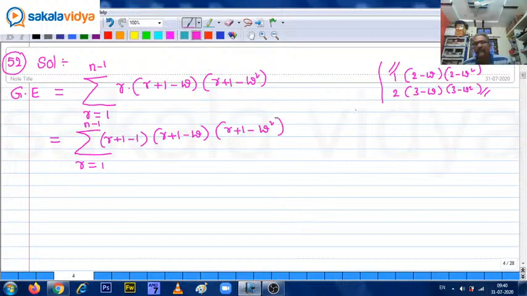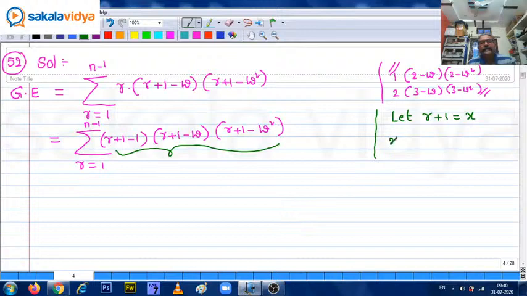Yesterday in class we discussed one beautiful concept; let me explain once again. That result we need to make use of. Let us say r plus 1 equals x. Now this becomes x minus 1 times x minus omega times x minus omega square.